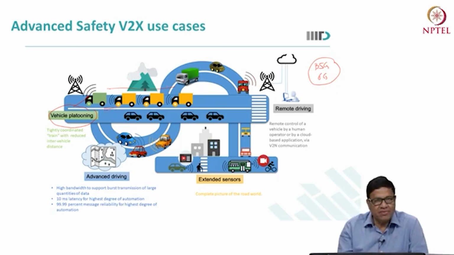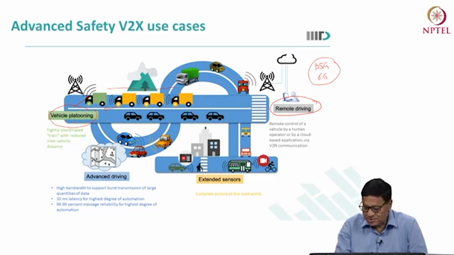And this green vehicle, for example, is able to communicate with the second one, this communicates with the third one, and so on and so forth. So the distance between them is reduced and all the movement is coordinated. So this is one example which is part of beyond 5G and 6G requirements. Or you have remote driving, remote control of a vehicle by a human operator or by a cloud-based application, which is an example of a V2N application.